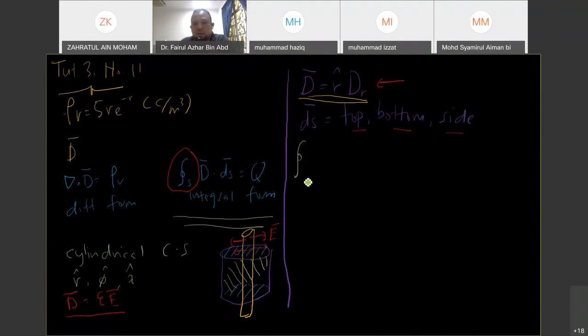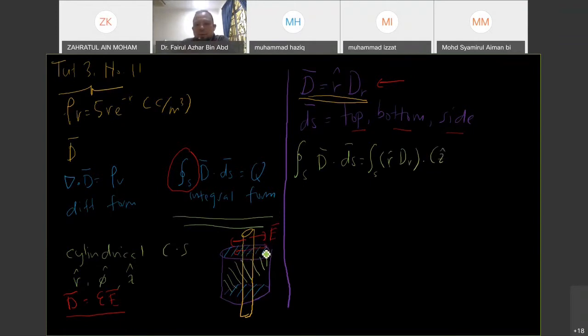So the closed integration of D dot ds is equal to, on the top surface, which is in the direction of z cap, the surface integration of the expression for vector D, which is still the same, r cap Dr, dot the surface in the z cap direction.